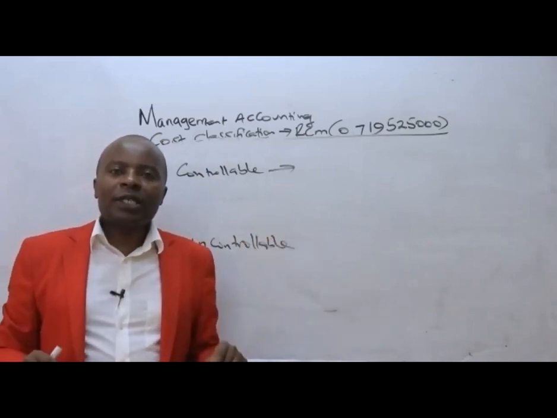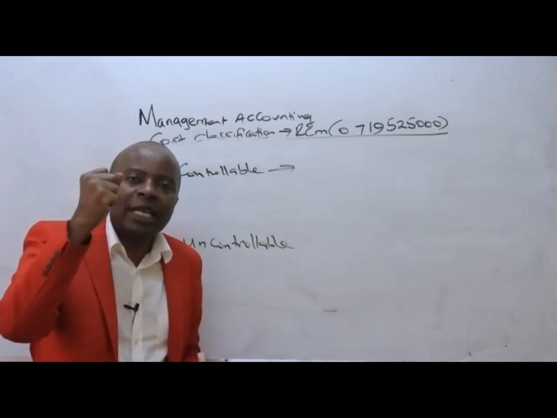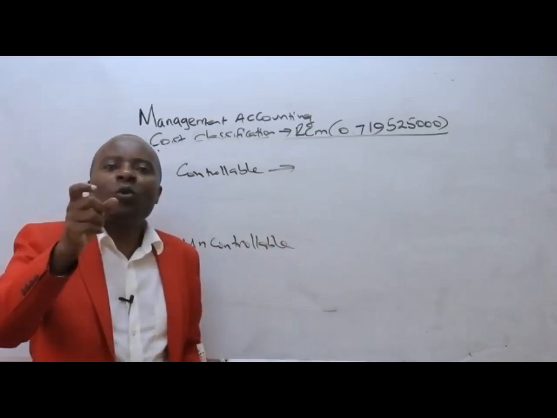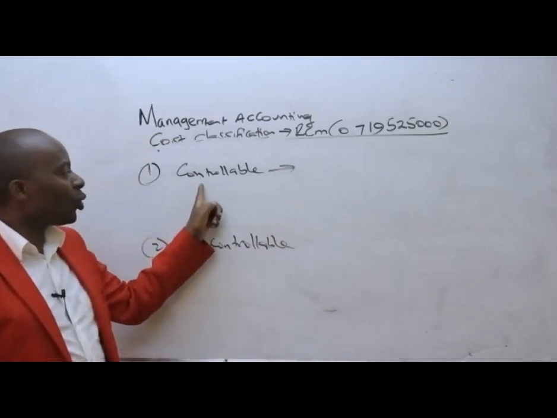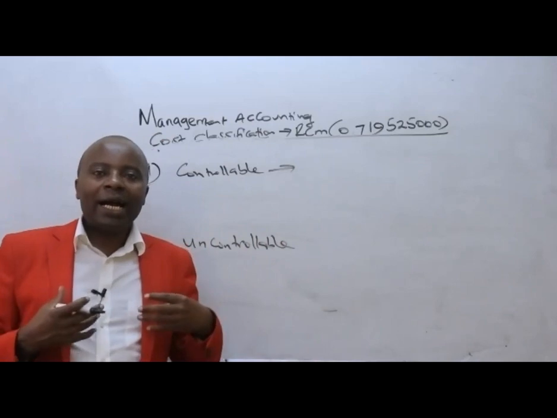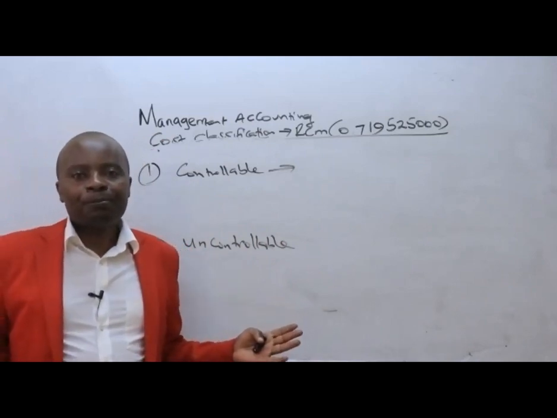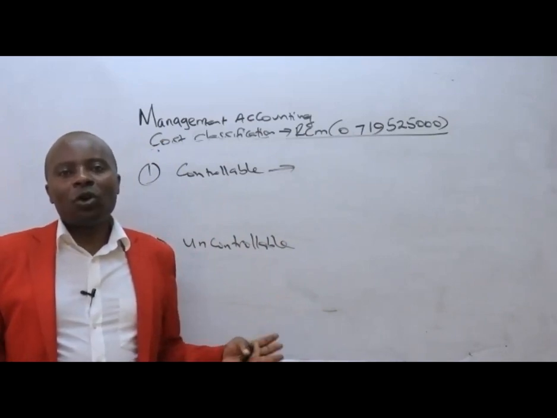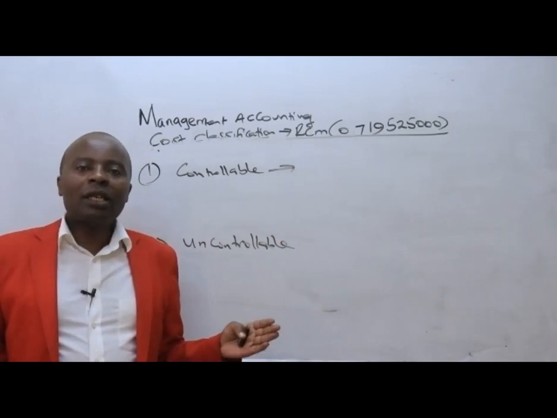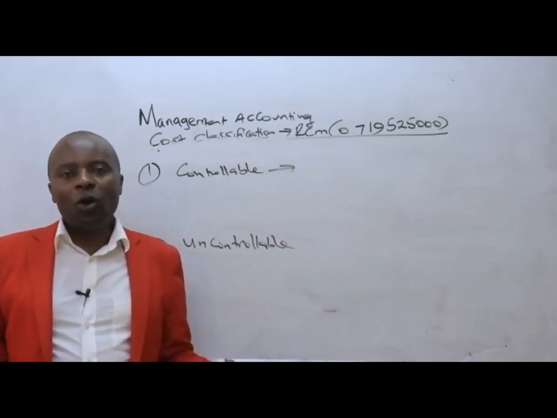If we say we are going to squeeze them, reduce them, or even make them zero so we don't incur them, then such costs are called controllable, because it is us to determine whether they will be incurred or not. They are costs which are at the arm's length of the management.